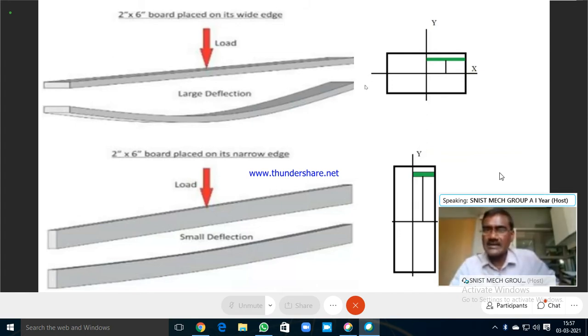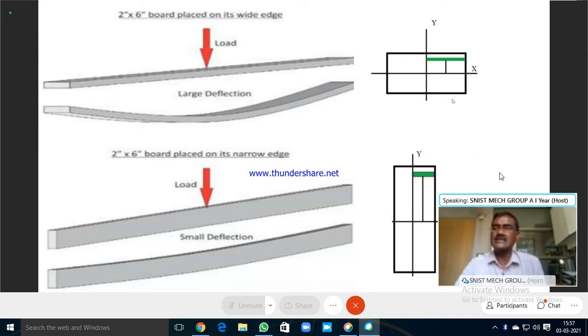Yes, obviously, depending upon the orientation, you have different values of moment of inertia. Pavan Kumar, you have raised the right issue exactly. Your moment of inertia is going to change on the orientation. That means with the second orientation, you have more value of moment of inertia, area moment of inertia.